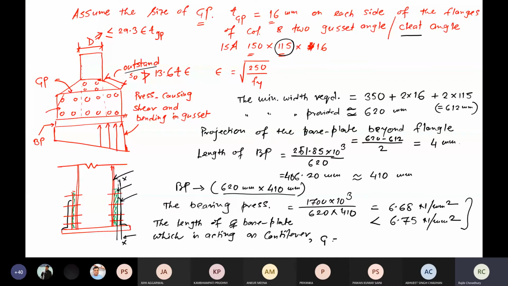Let's say I'm going to denote it as C. So how much is this C? How much is the projection? Projection was 4 mm.